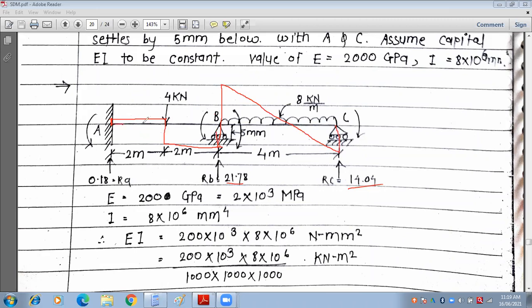And this is nothing but your shear diagram. It will be plus over here, plus over here, and minus over here. If you look here, the calculations and values can be observed.